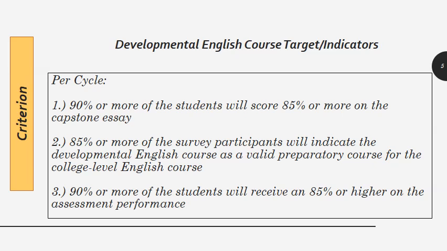And 90% or more of the students will have to receive an 85% or higher on the assessment performance. These target indicators were derived from comparisons used at other colleges and universities, as well as historical data used at the college.